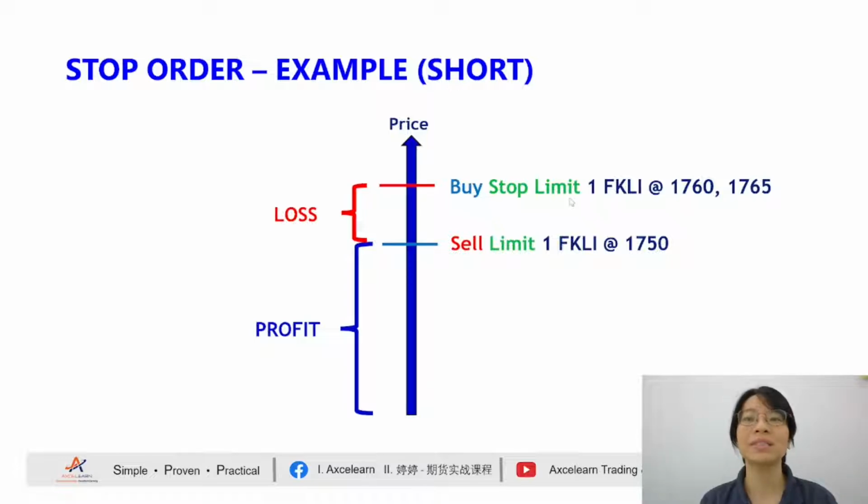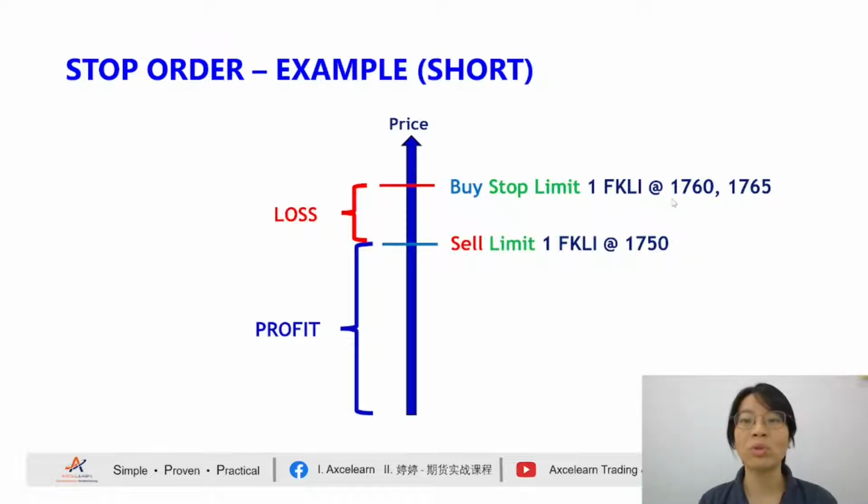Since this particular topic is a stop limit order, you're going to see that I'm going to sell at 1,750. If the market starts to drop, I'm making profit. It's okay. If the market starts to move higher, once it reaches 1,760, my stop order will be triggered. It will be sent into the market. It will give me the next best available price. So the next best available price might be 1,760 or 1,760.5, 1,761, etc. But the next best available price will be limited into this range.